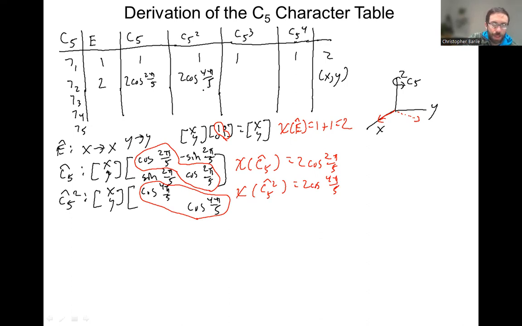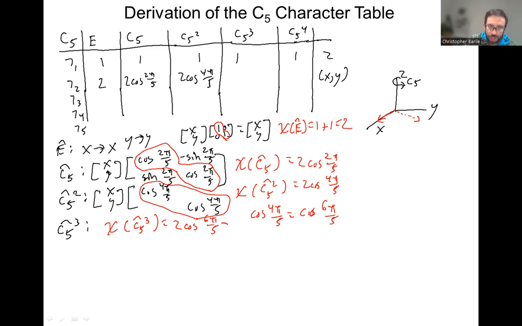Okay. And then if we keep going here, we'll see a pattern, right? We're going to get chi of C5 3, we don't have to write out the matrix this time, just to save us some space and time, is going to be 2 cosine 6 pi over 5. And it turns out that cosine 4 pi over 5 is actually equal to cosine 6 pi over 5 if you look at the unit circle.